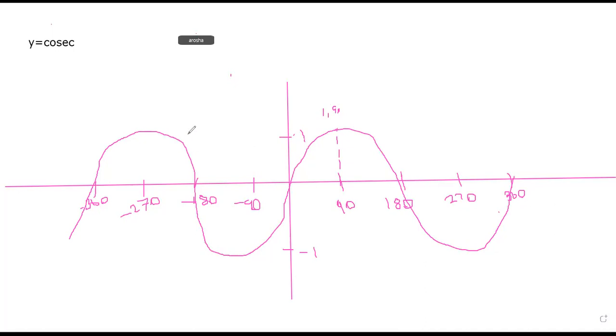So we're going to learn how to draw the graph from 0 to 180.